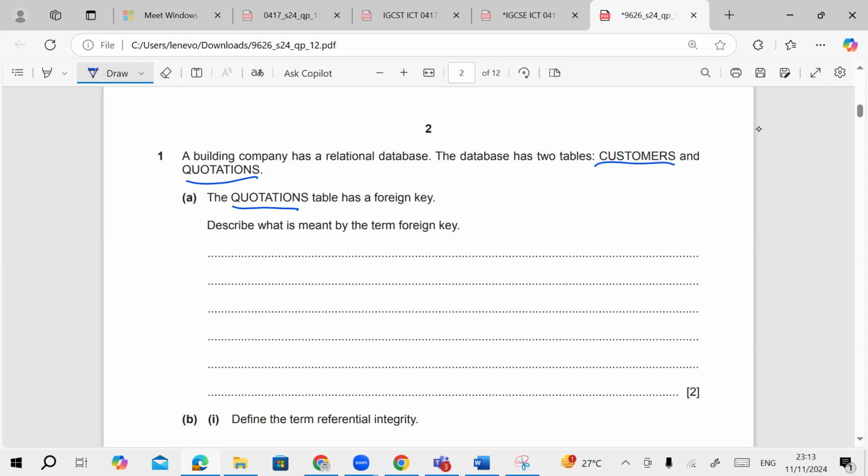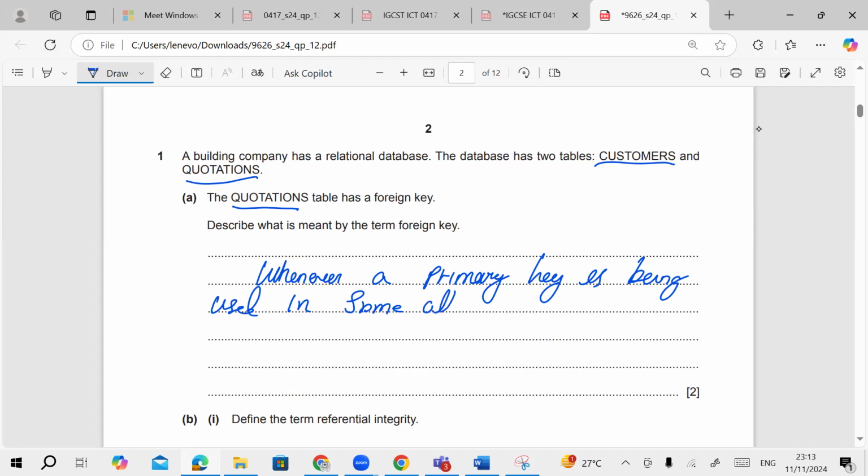So we always say that whenever a primary key is being used in some other table and is being repeated, it's known as a foreign key.